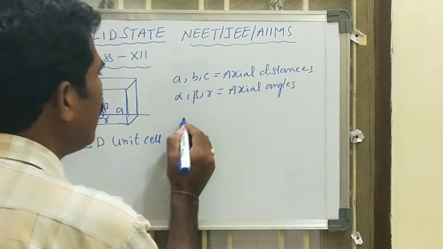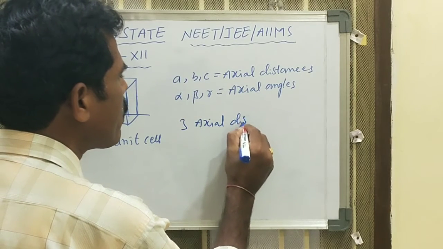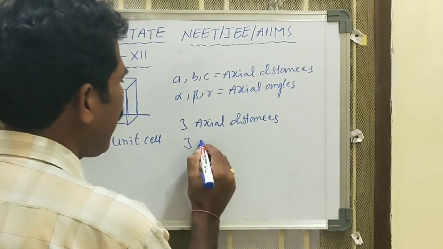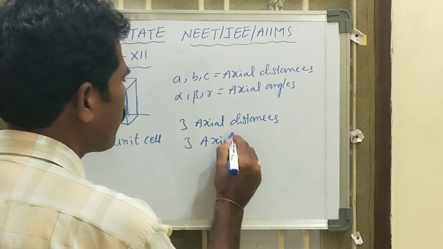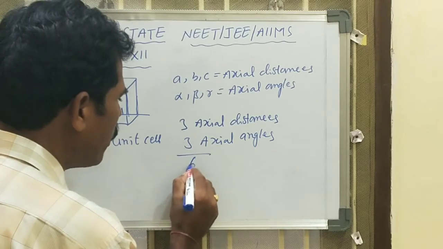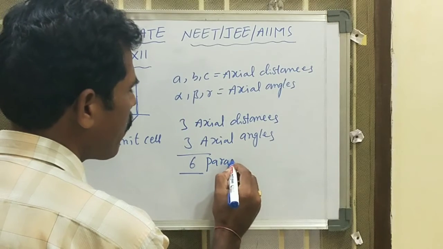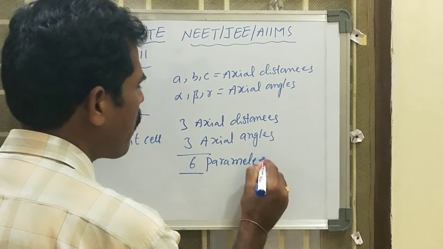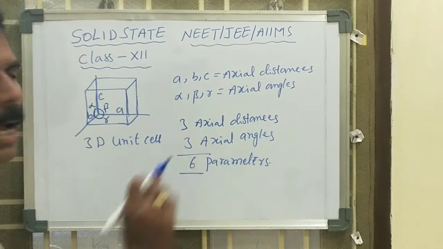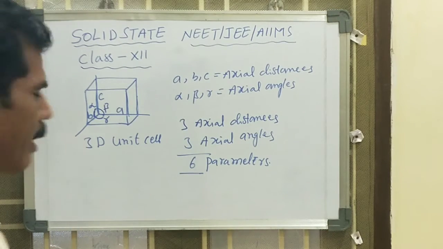Now see that three axial distances and three axial angles, totally we require 6 parameters. So important points we are going to write on the board.